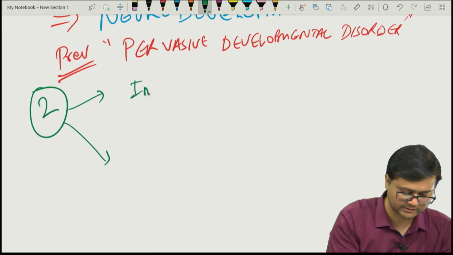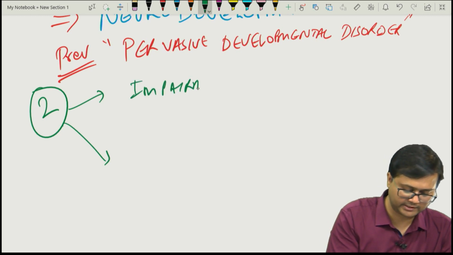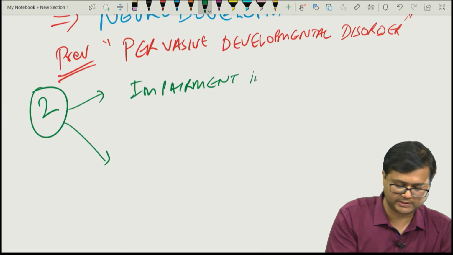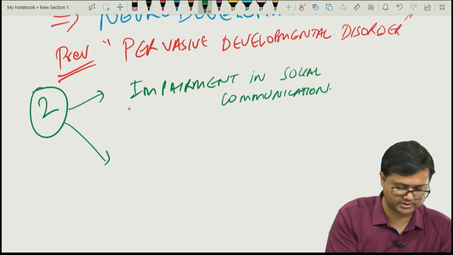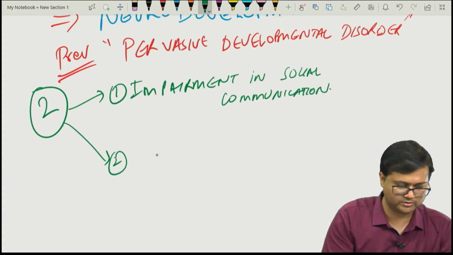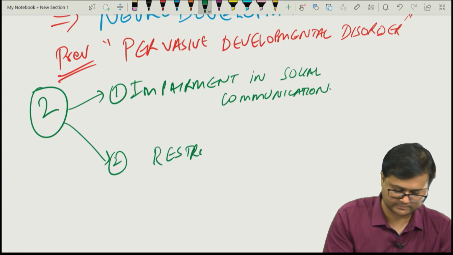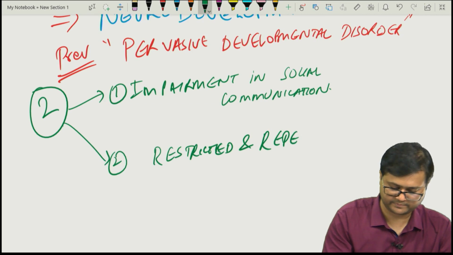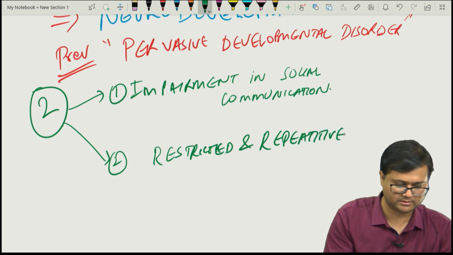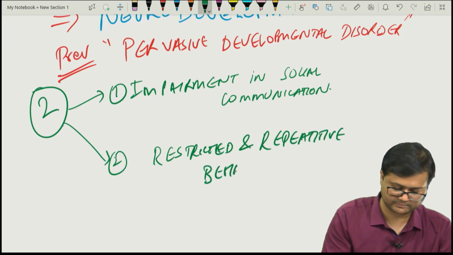First, there is impairment in social communication. And second, there are restricted and repetitive behaviors.